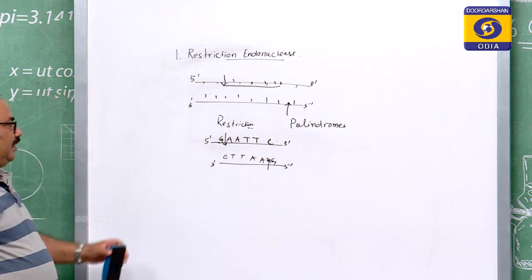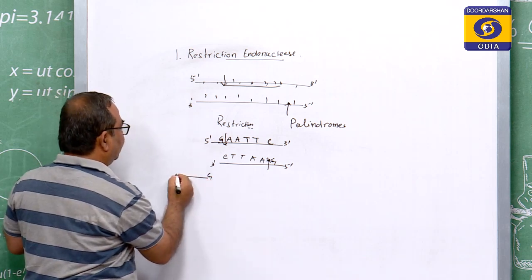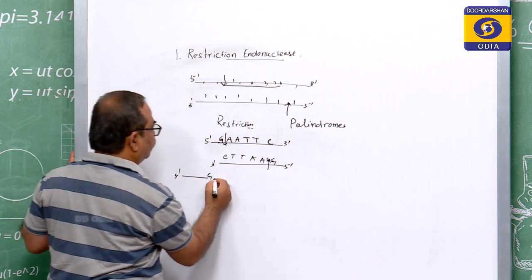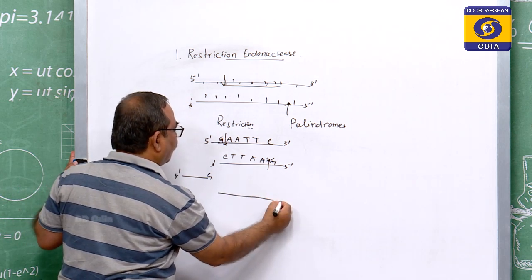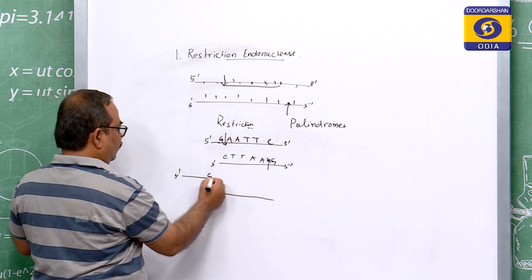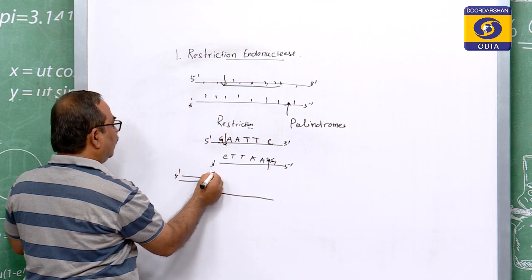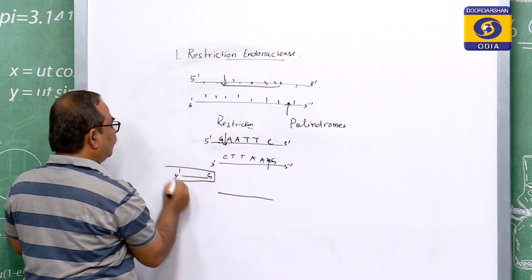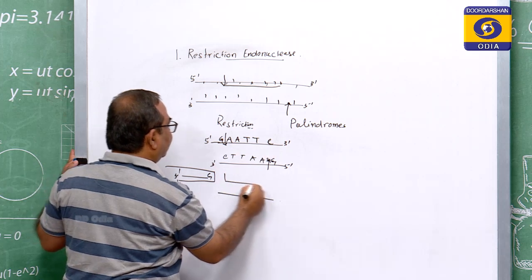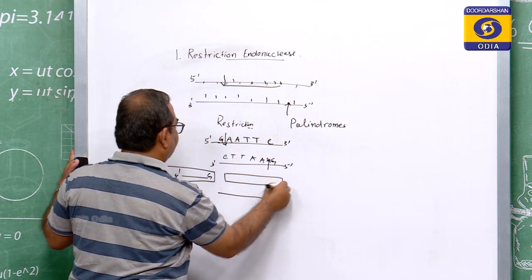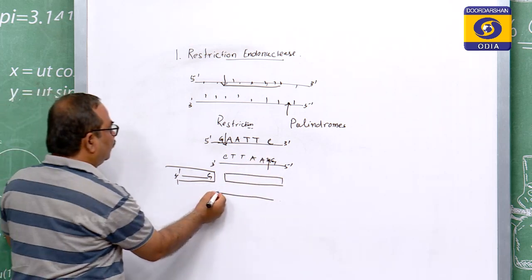So, here we shall see this is going to cut the DNA. We see it is cutting from here like this, and then this is getting separated, and the same thing happens on the other strand also.